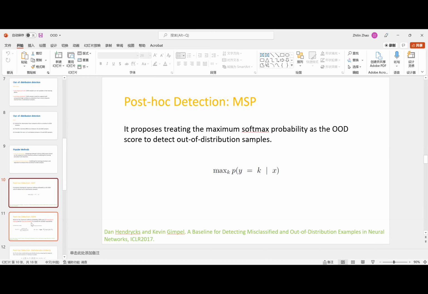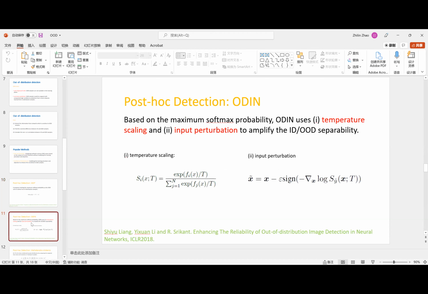So you can see that this baseline method is pretty easy because it only uses the softmax probability as the out-of-distribution score. As an improvement, another advanced method improves this baseline method by considering temperature scaling and input perturbation. This ODIN method considers two components for the baseline method.